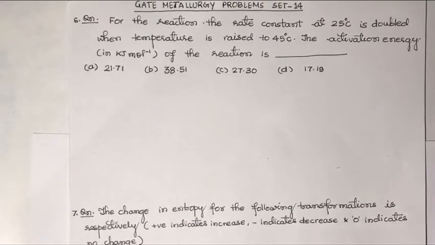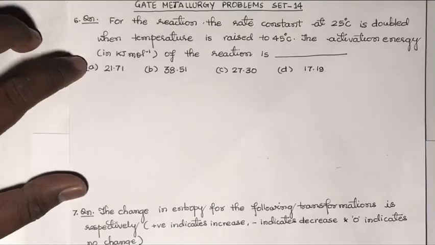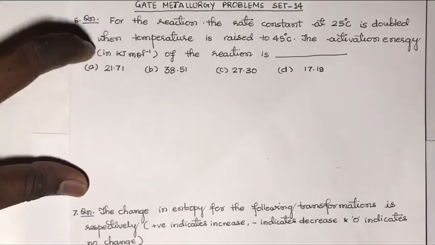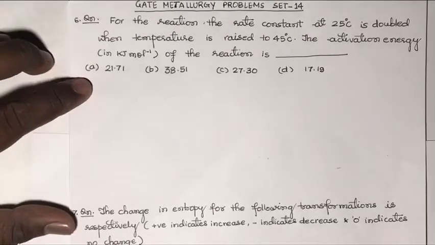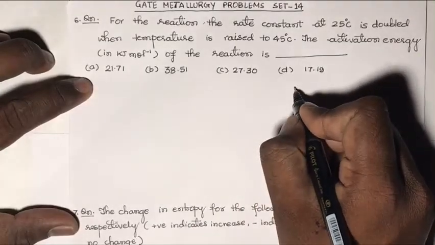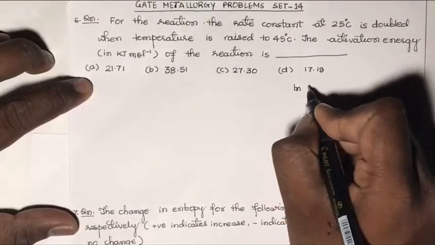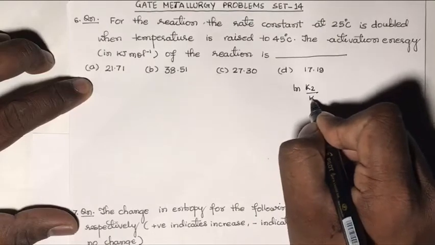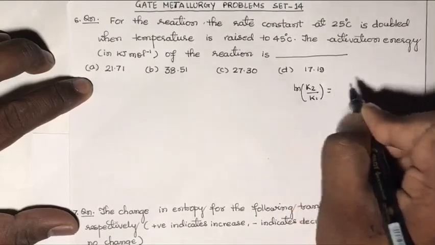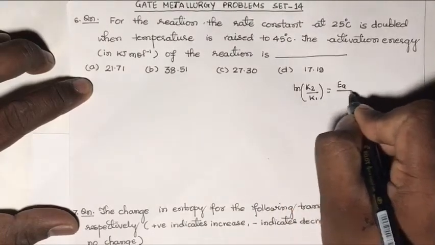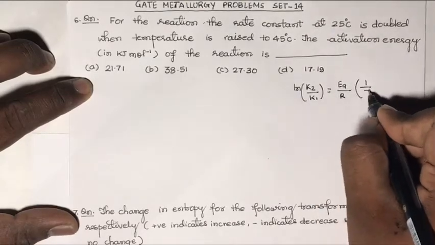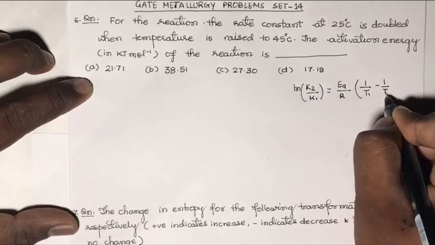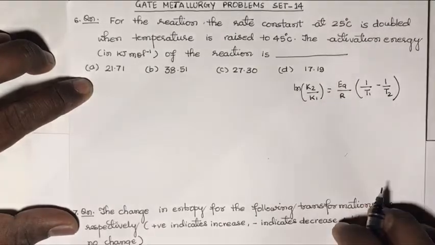So basically we have to use the formula in which there is the relation between the rate constant and activation energy, and that is derived from the Arrhenius equation, and this is ln k2 by k1 will be equal to Ea by R, that is the activation energy, into 1 by T1 minus 1 by T2.